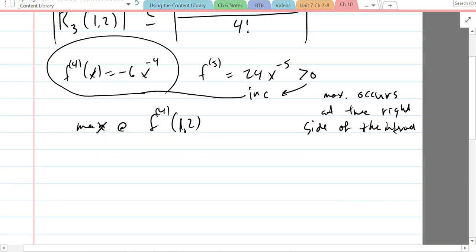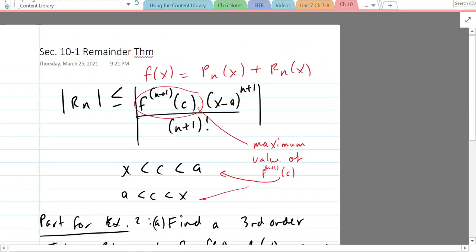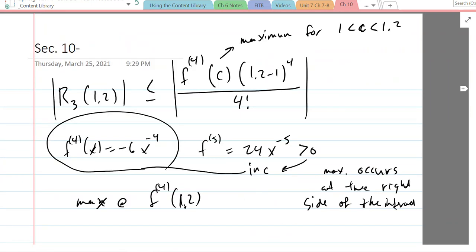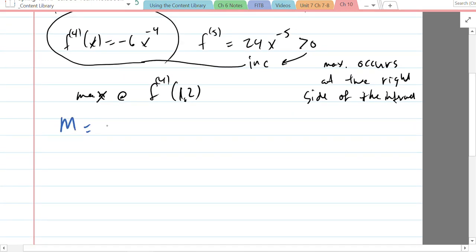Okay, and a lot of times instead of writing this, they'll just write an M there for maximum. And you just have to know it's the n plus 1 derivative. So the maximum, that M, is equal to f fourth derivative at 1.2, which equals negative 6 over 1.2 to the fourth power.